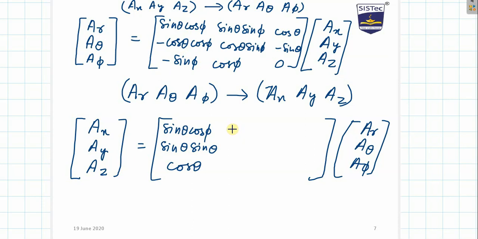Only, see, the direction matters, so direction may be changed, otherwise the things will be the same. Cos theta cos phi, then cos theta sin phi, and minus sin theta, and here it is minus sin phi, cos phi and 0.